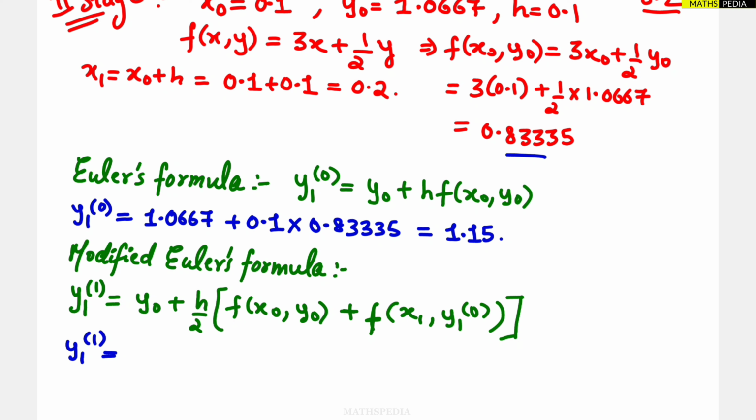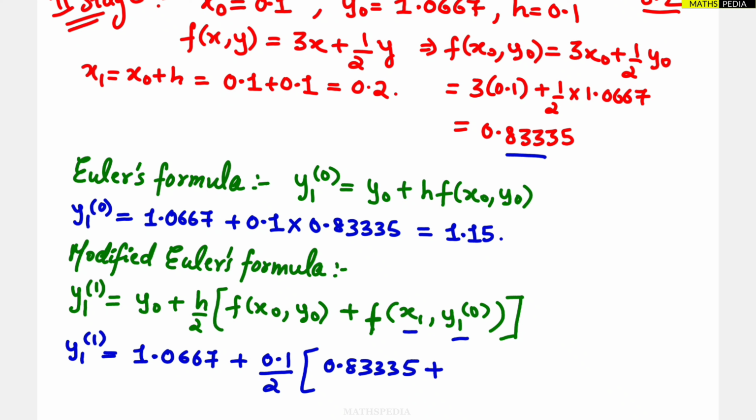What is y naught value? It is 1.0667 plus h value is 0.1 by 2 into function of x naught comma y naught, 0.83335 plus. Now here function of x1 comma y1 of 0.